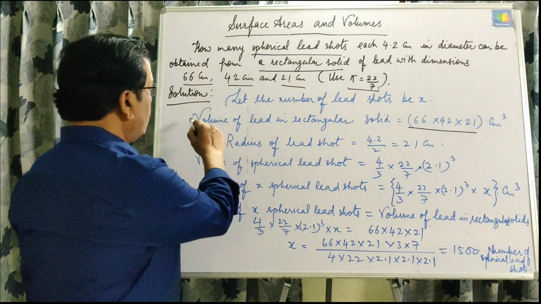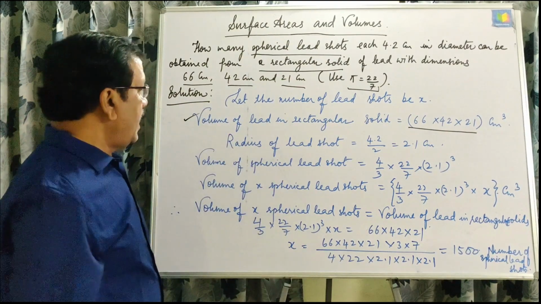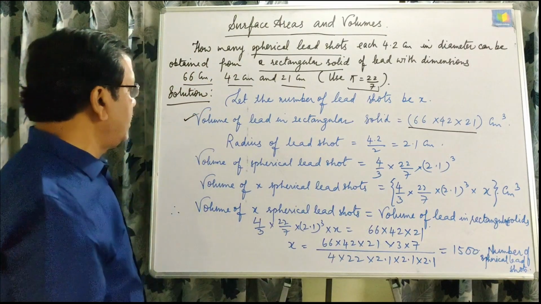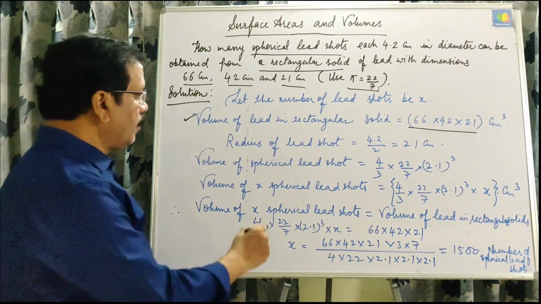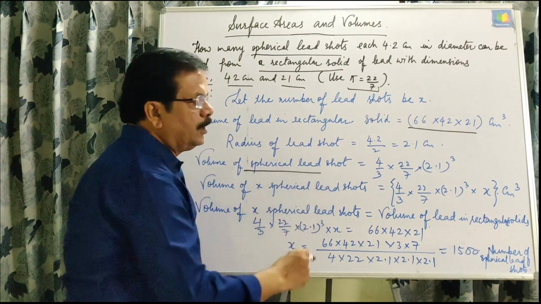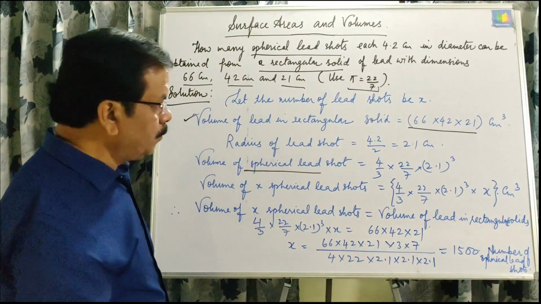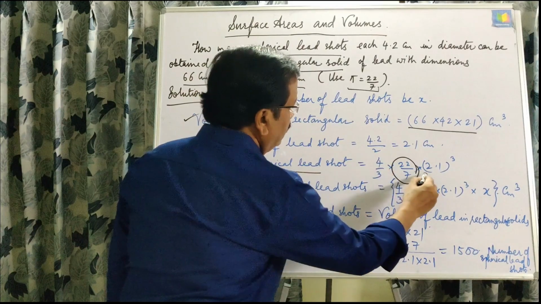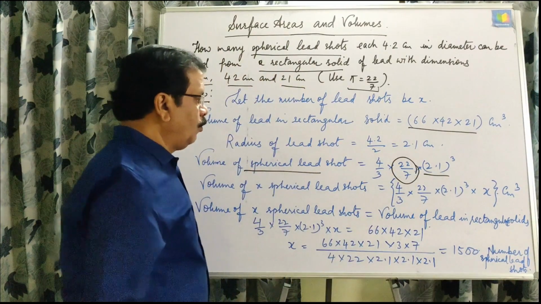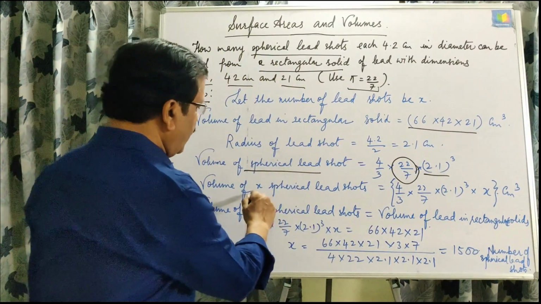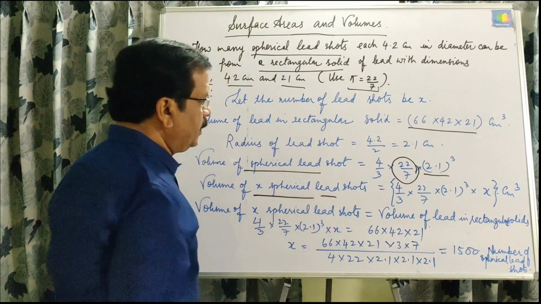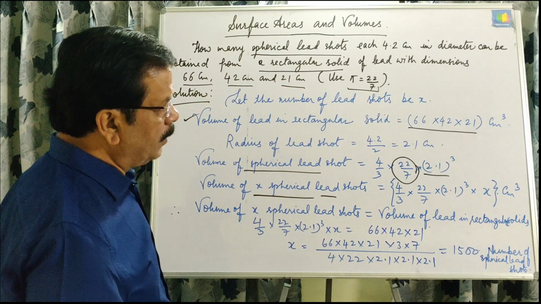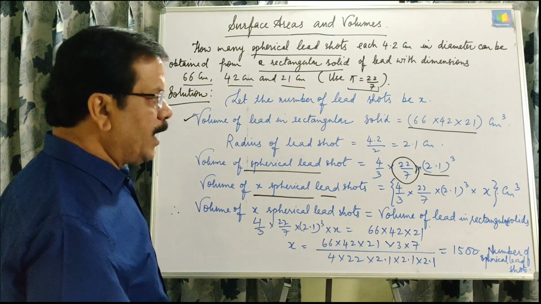The radius will be 4.2 upon 2, that is 2.1 centimeter, and the volume of one spherical lead shot is 4 by 3 pi r cube, that is 4 by 3 into 22 by 7 into 2.1 whole cube.